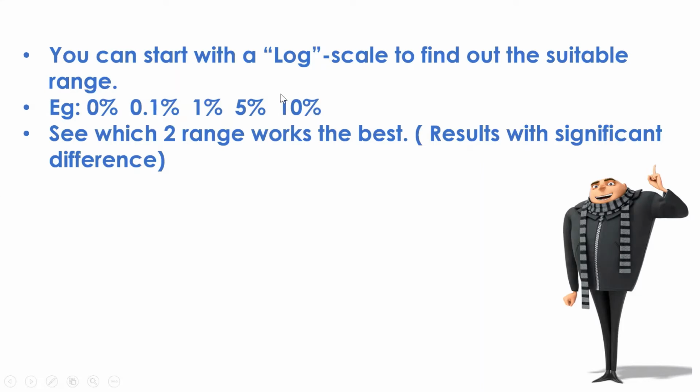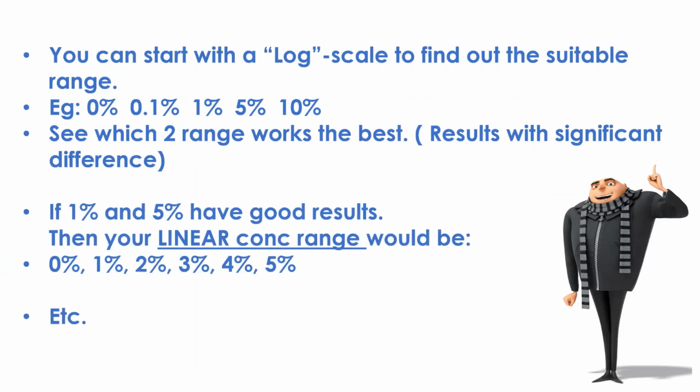This won't be a good concentration to work on. Another one is, for example, if I test for 0.1%, it turns out there's a lot of bacteria colony. It's impossible to count the colonies. Then again, 0.1% will not be a good concentration. So you need to base on the results and find out which is the good range.